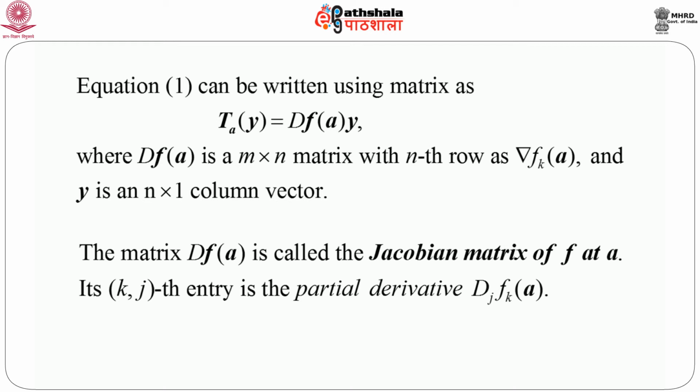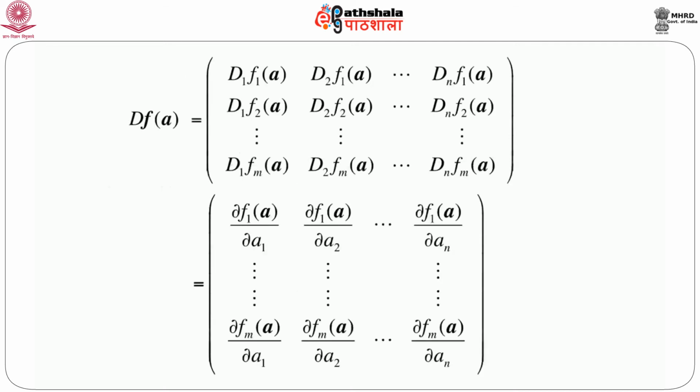So using matrix multiplication we can represent Ta as this Df(a) into y. Now let us look at this Df(a) a little more carefully. This matrix Df(a) is called the Jacobian matrix of f at a, and it is interesting to see that its kjth entry is nothing but the partial derivative Dj fk(a).